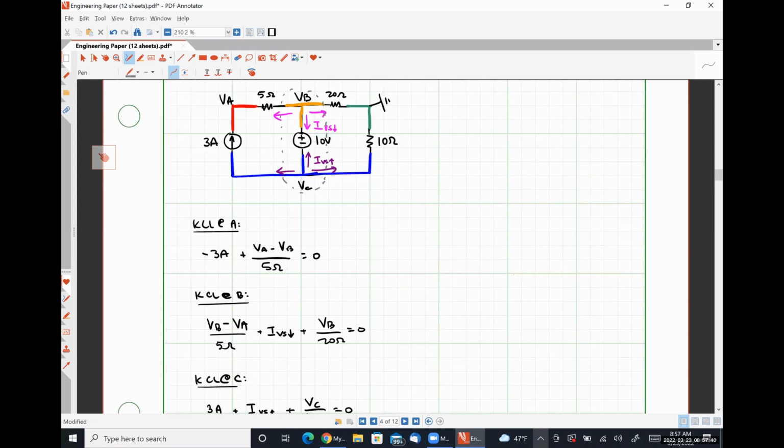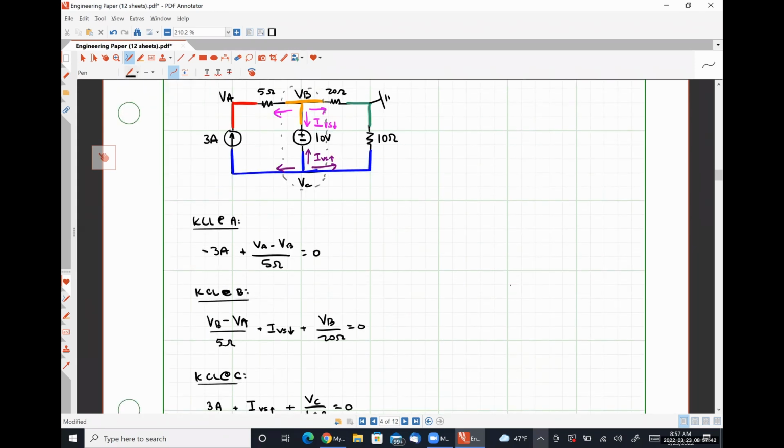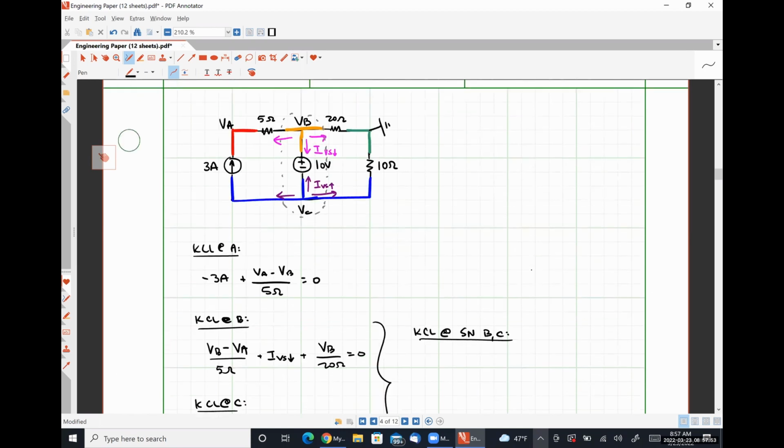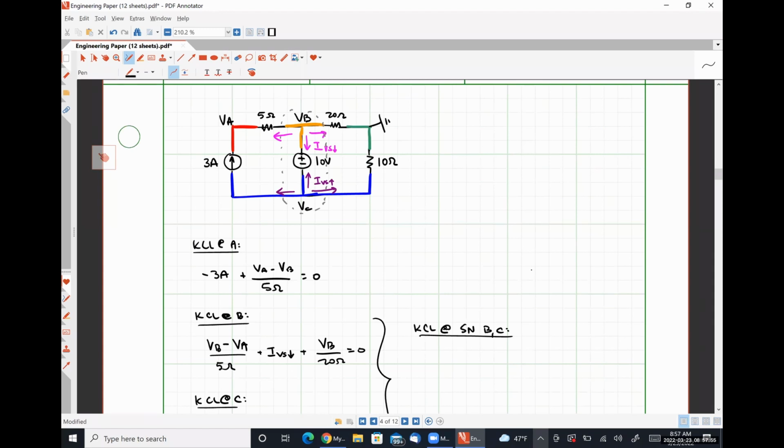And effectively what I'm doing here by adding these two relationships together is applying KCL at supernode BC, where we just add the currents that leave the supernode. So this current leaves the supernode. This current leaves the supernode. This current leaves the supernode. And that current leaves the supernode.